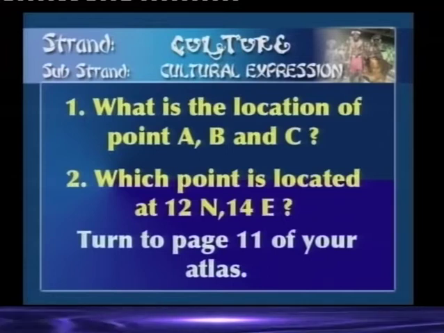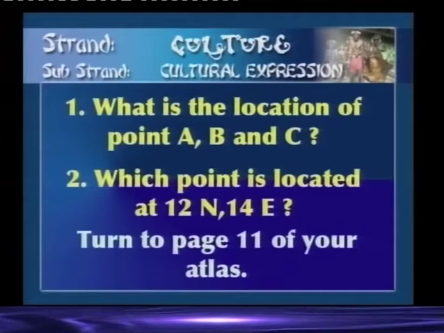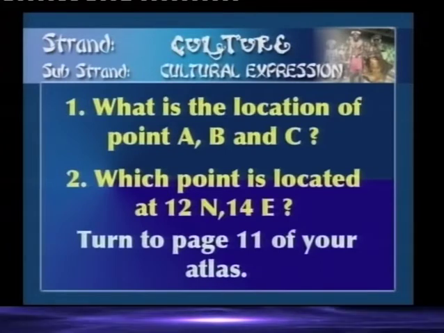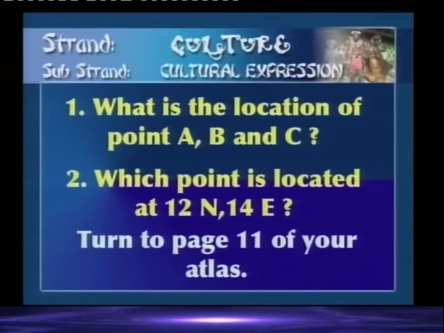If it asks for location, you already know that it's asking for latitude and longitude, so you will have to get the right location for these points A, B, and C. You can just write your answers. No need to get the questions down, so we can move on quickly.